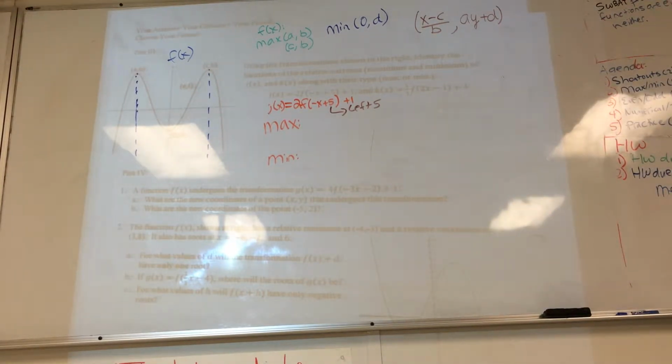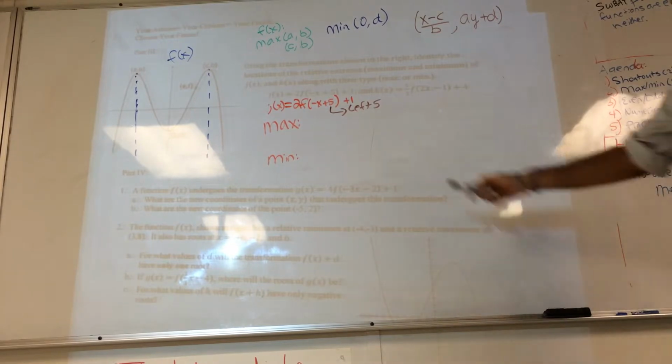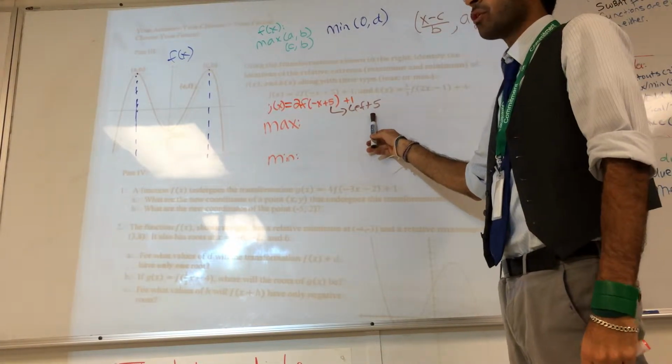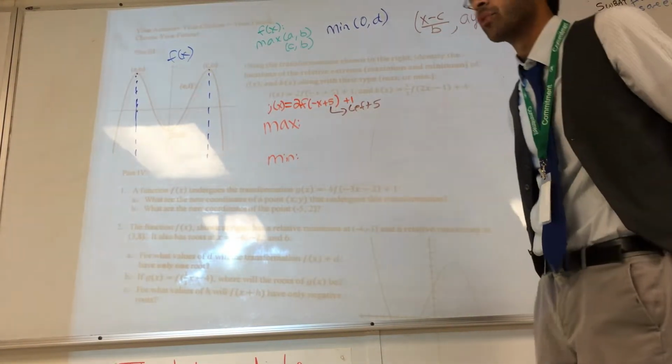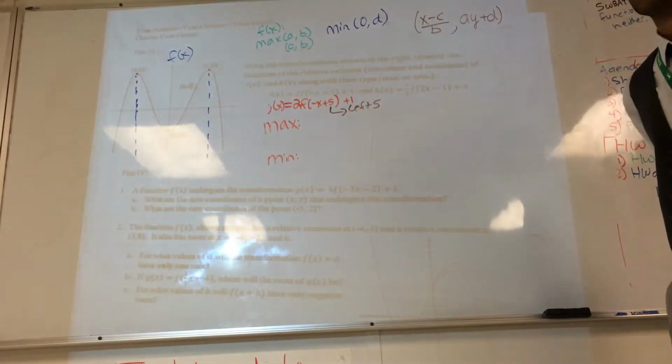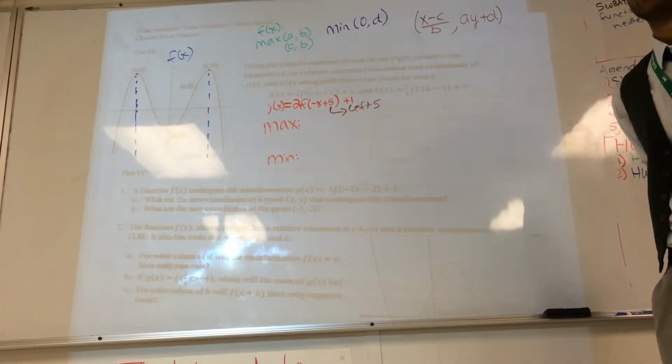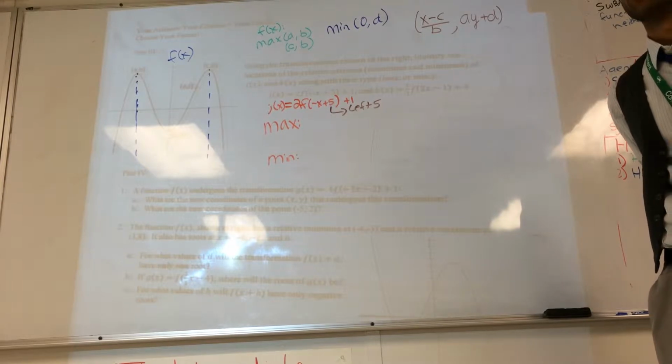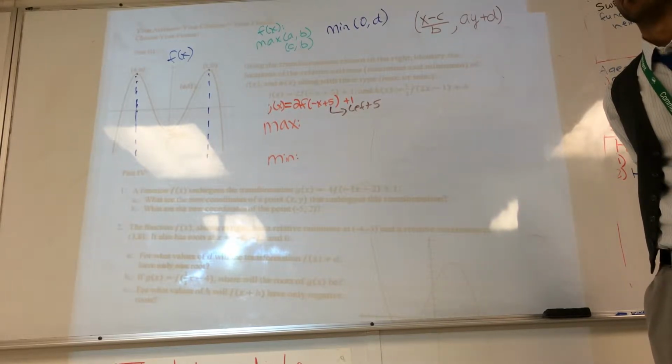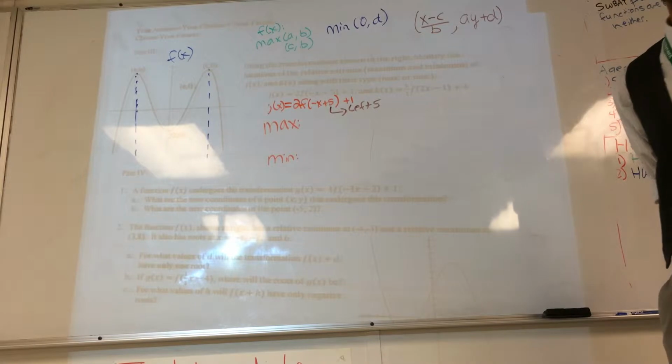So, Queen of Spades, Kiara said that we are moving left 5. Which letter is the 5, Queen of Spades? Spades.